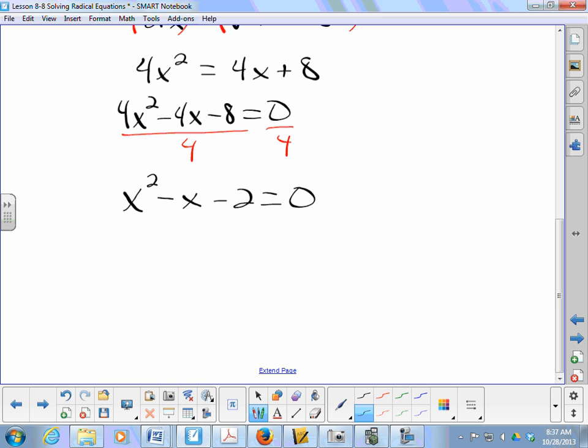Much easier. Okay, and factor it. And we get positive 2 and negative 1.